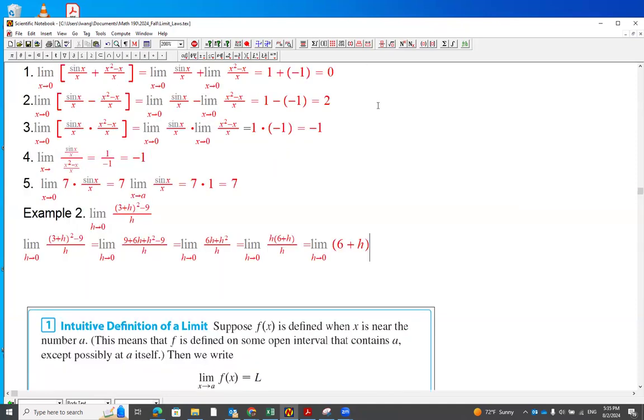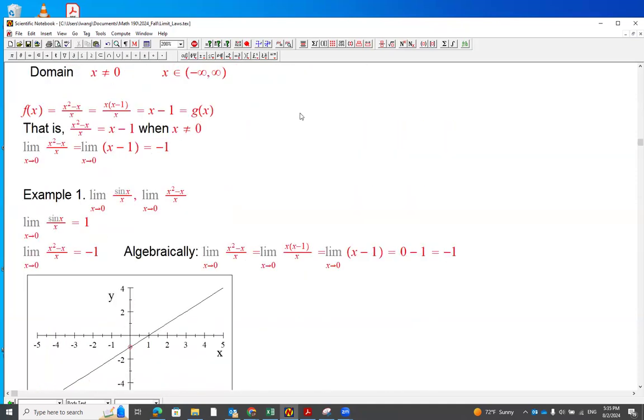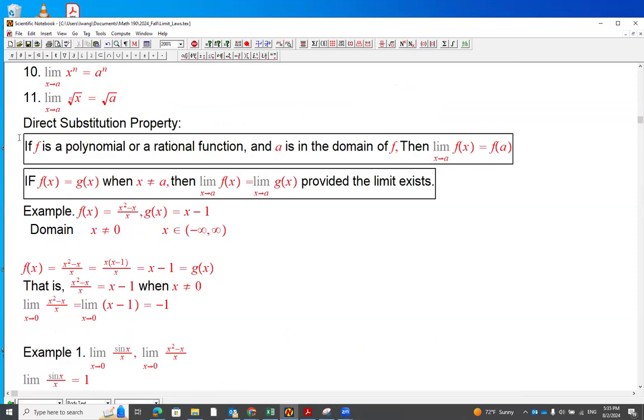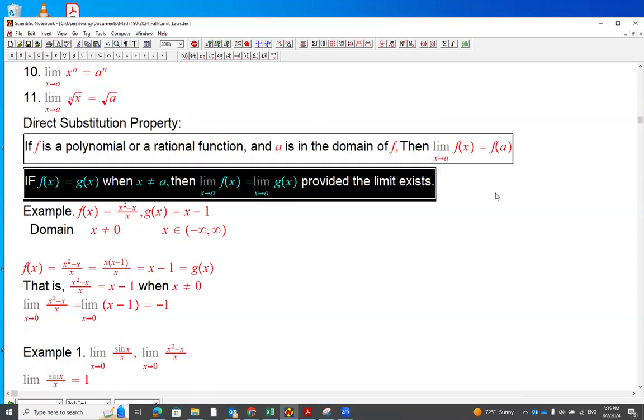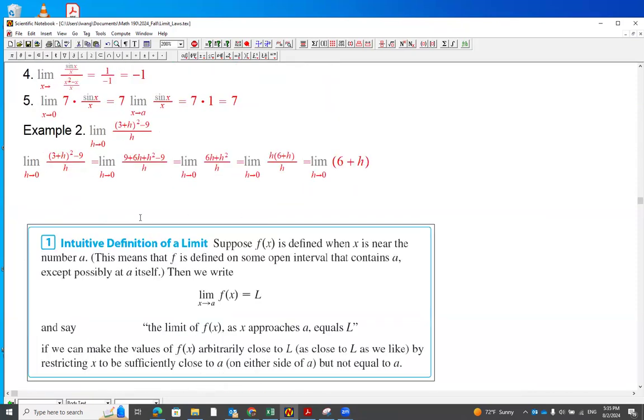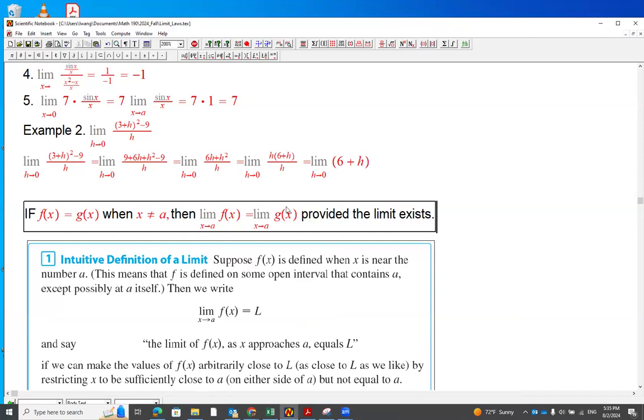Okay, and then we're using this property that we talked about, right? I put it here. So 6 plus h, and all of these functions, they are the same except at 0.